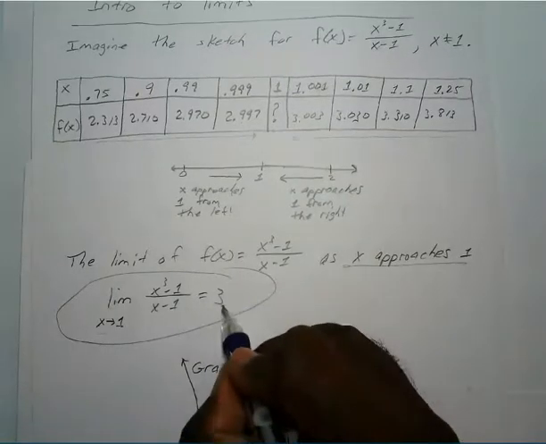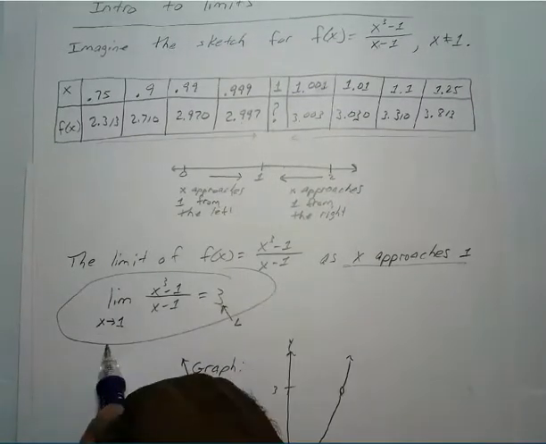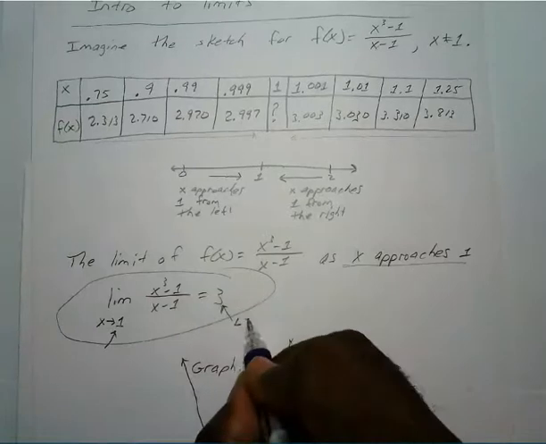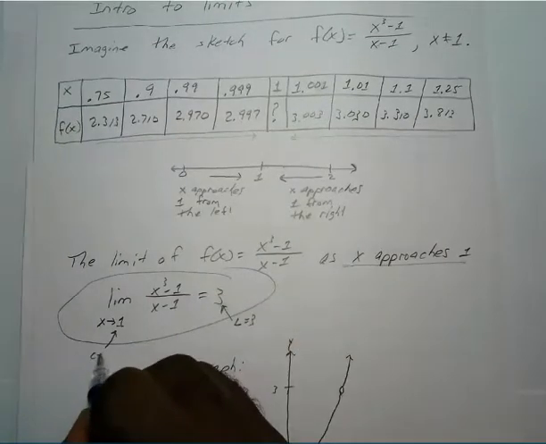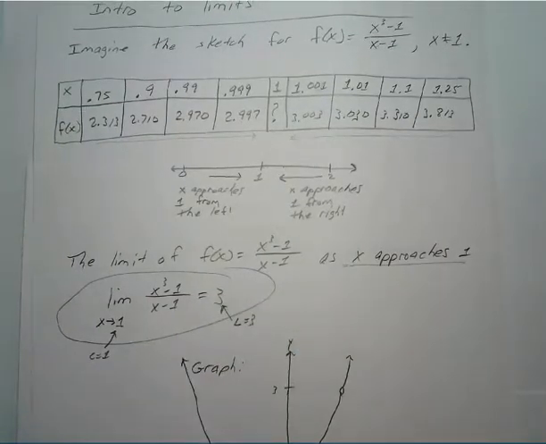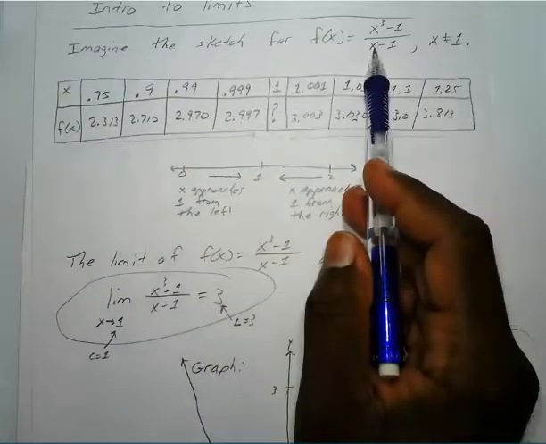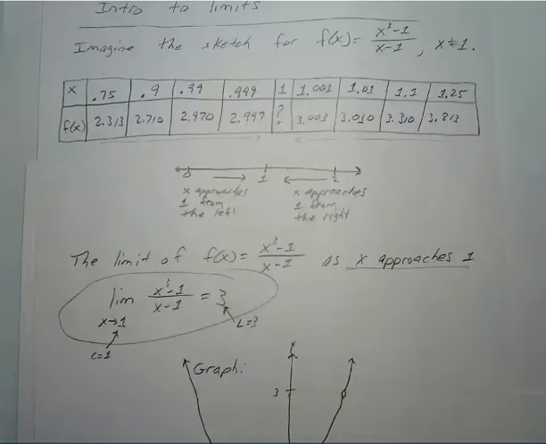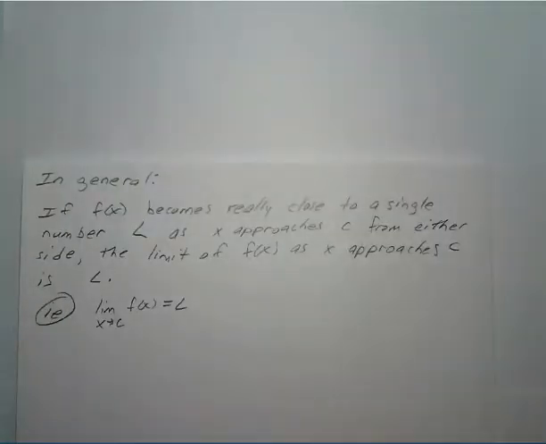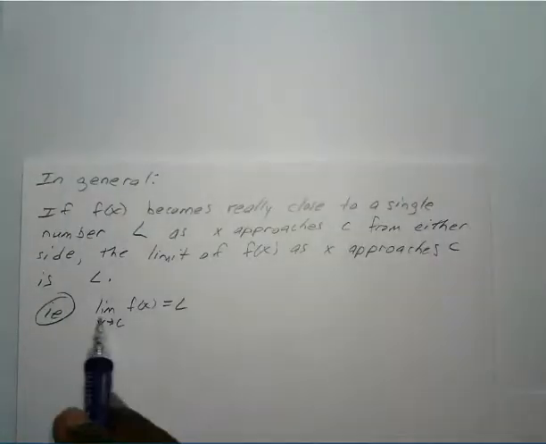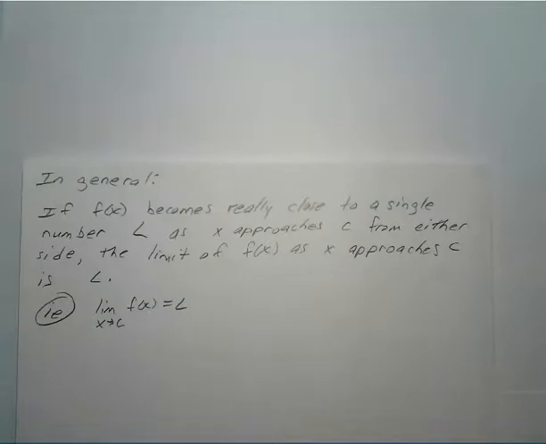So this is your L. So your L would equal 3, your c would equal 1. And this is your f of x, which we already knew from up there, but that's your f of x. Okay, so just to kind of show you how everything pops into place.